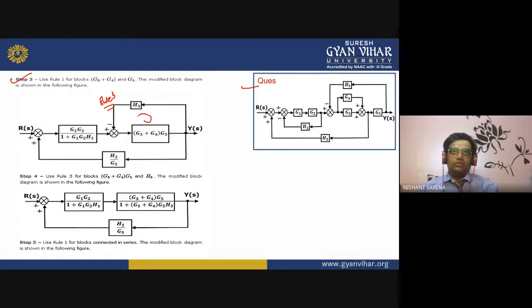I have reduced this complete feedback control block into a single one, that is G3 plus G4 into G5 upon 1 plus G3 plus G4 into G5 into H3. The plus sign is taken over here since we are having negative feedback for the H3 feedback.